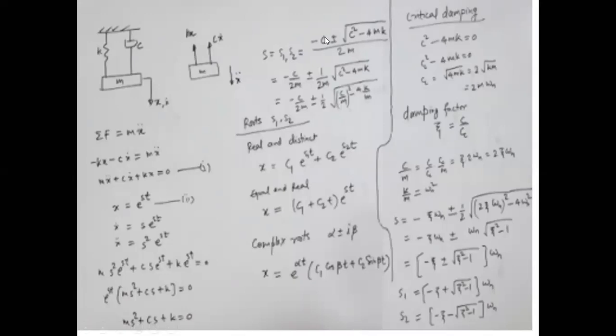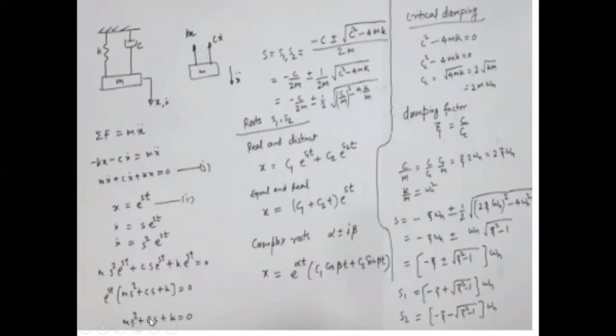It is written as minus b plus minus under root b square minus 4ac divided by 2a. Roots of such an equation can be written as s1, s2 equal to minus b plus minus under root b square minus 4ac divided by 2a. So here in this equation, a is equal to m, b is equal to c.